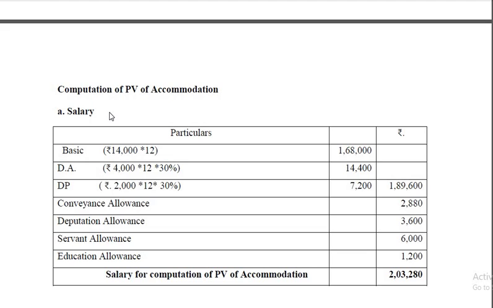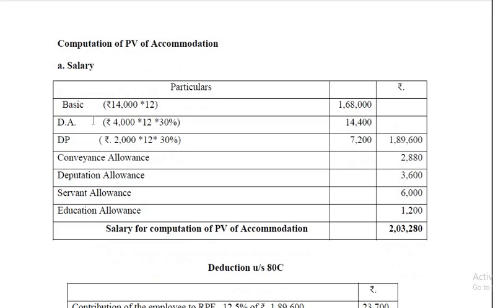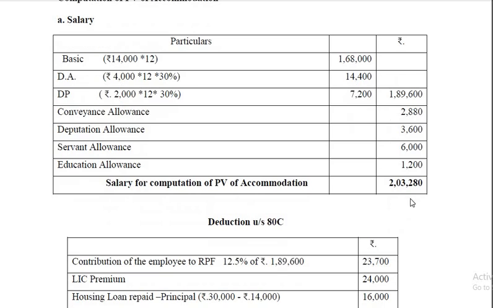But what is salary? I already told you salary includes basic salary, DA which enters into Provident Fund contribution, DP which enters into Provident Fund contribution, then conveyance allowance taxable part, deputation allowance fully taxable, servant allowance fully taxable, education allowance taxable part, together 2,03,280.